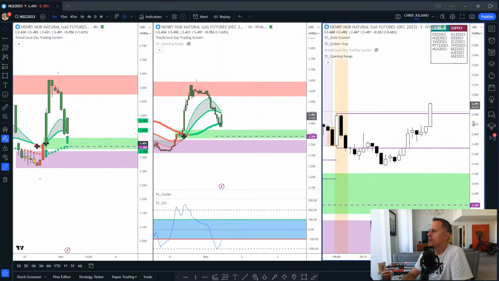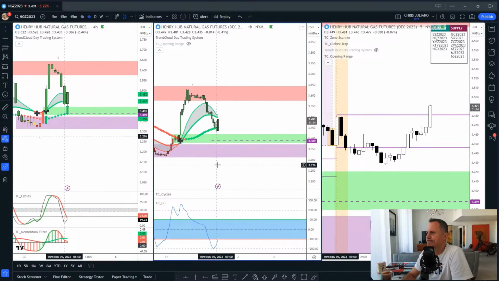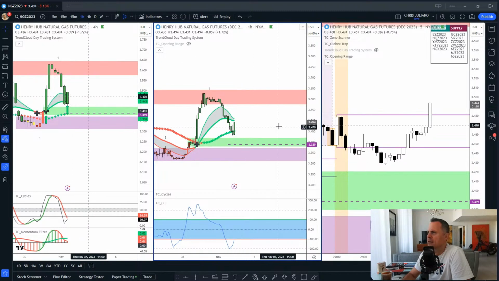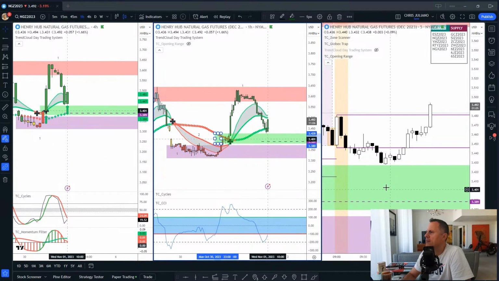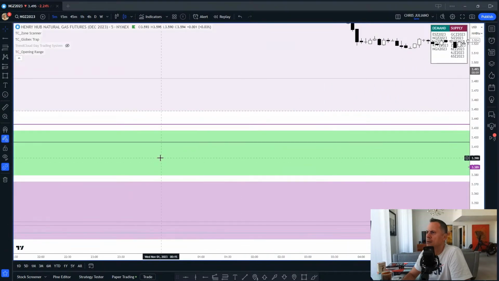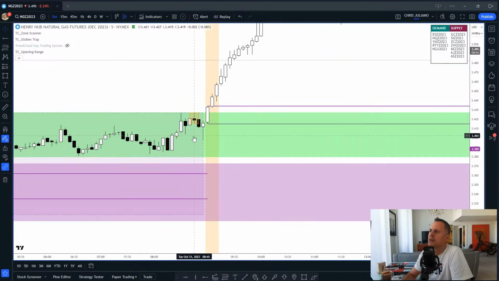Okay, so natural gas is just kind of going sideways. We're starting to hook back up. Didn't really pull back into it, or did it? It just kind of missed the top of that 1-hour zone, right? Oh, this is the 5-minute. Here's your 5-minute zone.